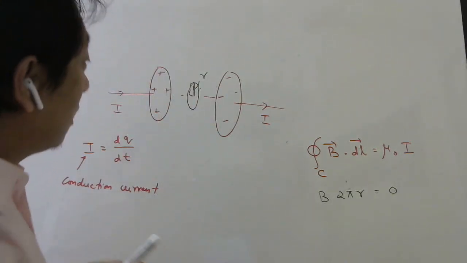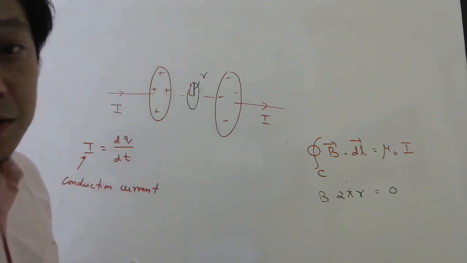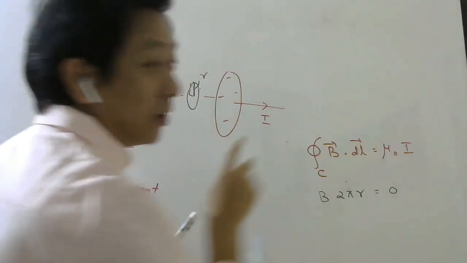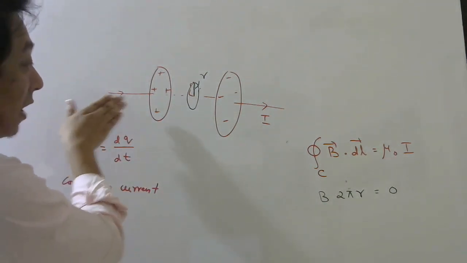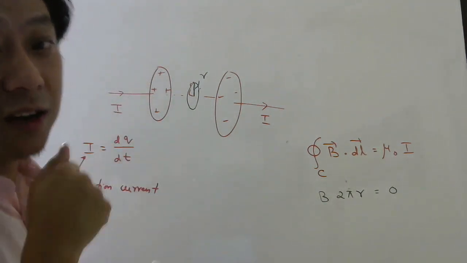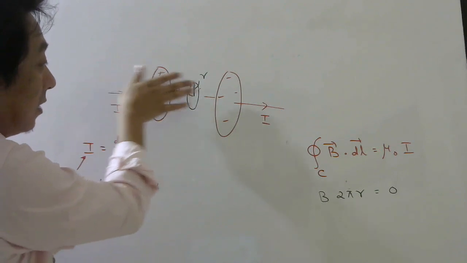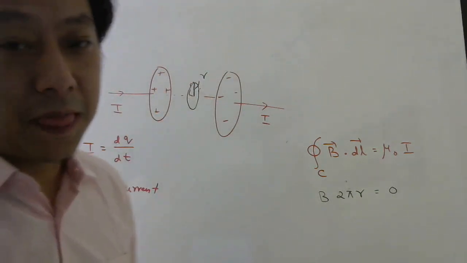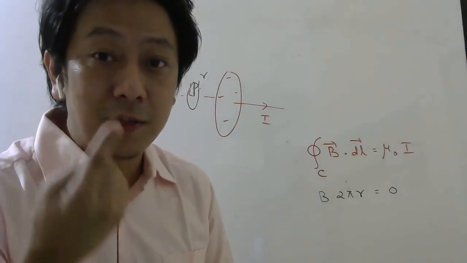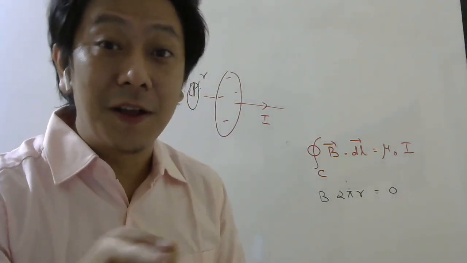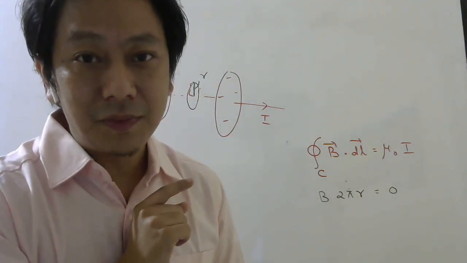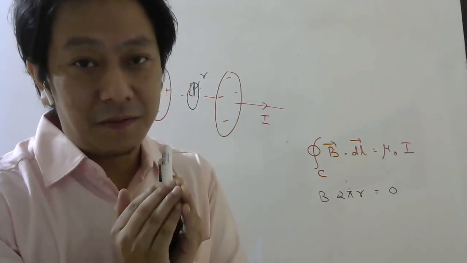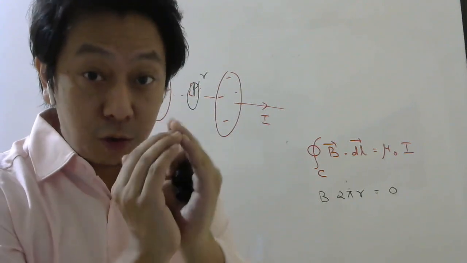But we know that even here there is magnetic field. And who is producing that magnetic field? Not this current actually, but as the capacitor is getting charged, the electric field in between the plates will change with time. And if electric field changes with time, that can also produce magnetic field. Whenever electric field changes in a region, the electric flux through a loop will change.